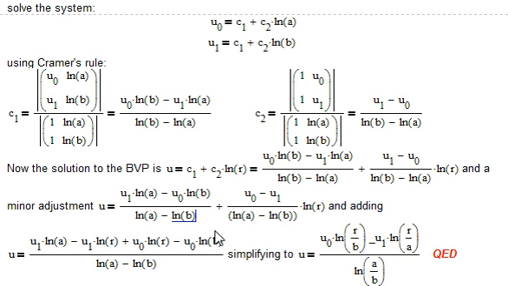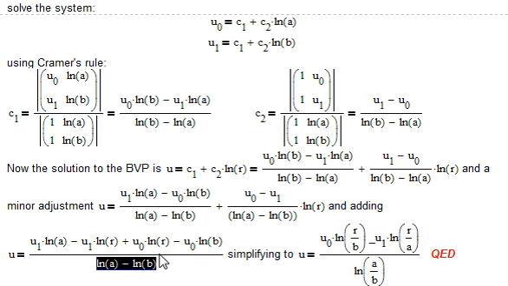And so now, if I added these two together, since I had the same denominator, I would get u1 ln of a minus u1 ln of r, and u0 ln of r, that's this one, minus u0 ln of b, that's this one, all over ln of a minus ln of b. Well, you're probably wondering, what's that all about? And the answer is, well, look.